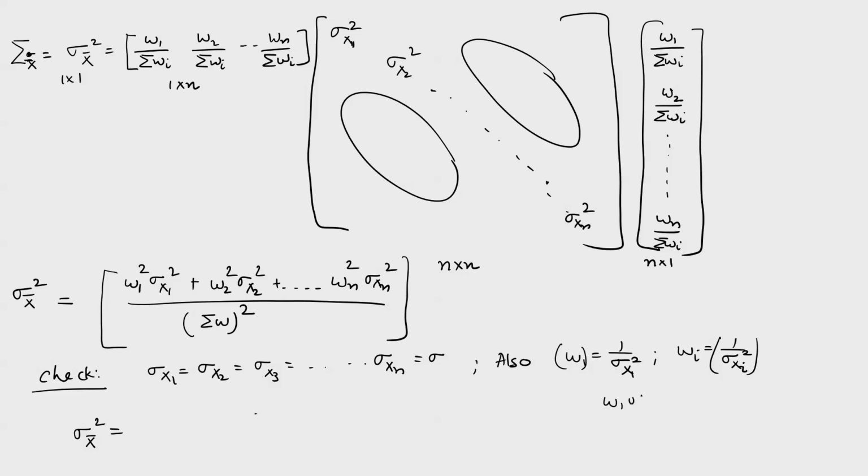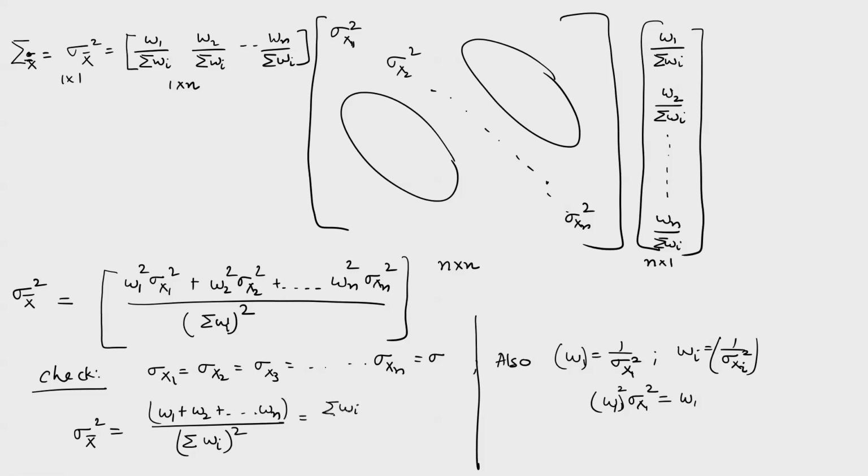So, basically by multiplying this with this equal to 1, or if I multiply here, I will get W1. Now, if I put these two values here, what will I get? W1 plus W2 and so on, divided by sigma Wi whole square, and this is nothing but sigma Wi divided by sigma Wi square, or I will get 1 upon sigma Wi.